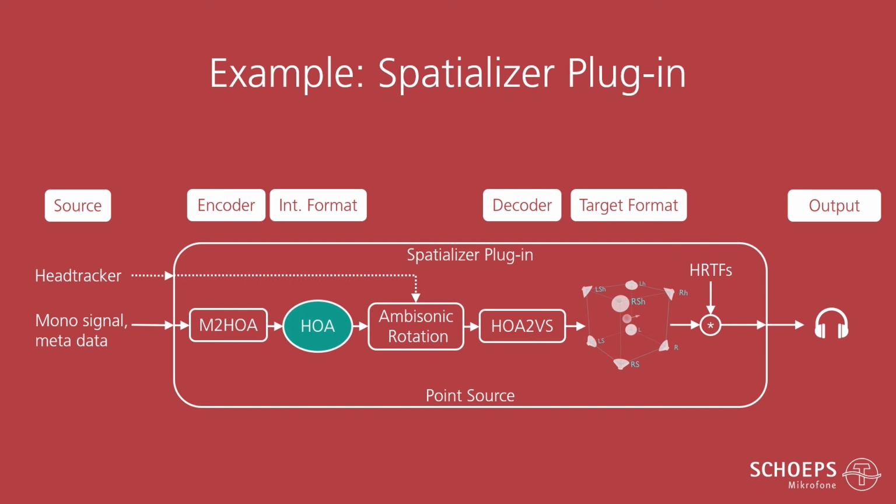And then you can decode this higher order Ambisonics bus, which was turned in real time according to the head tracker data, to virtual speakers, and then convolve them with HRTFs again, and thus you will get your binaural signal in the end.